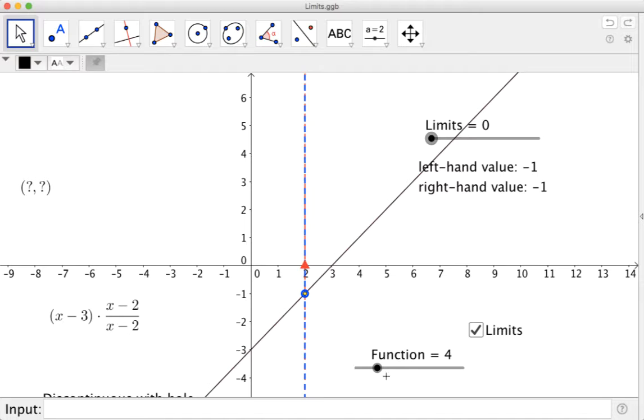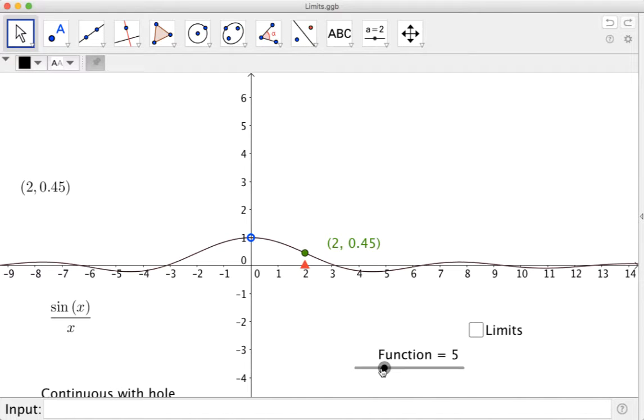So here's another function, sine of x over x. And so what makes this difficult is that both of these approach 0 as x approaches 0. So this one is difficult to evaluate. Graphically, however, what we can see is that as x approaches 0, although it's not defined at x is equal to 0, the value of the function is very close to 1.